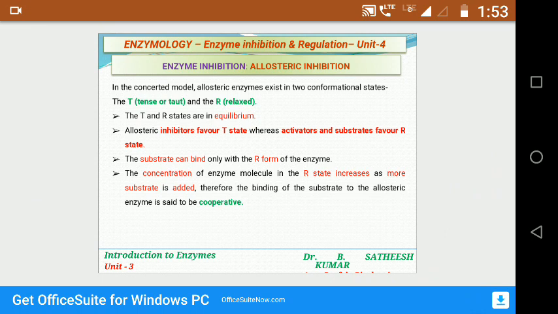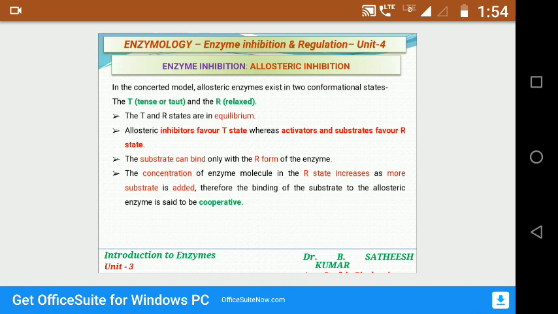So, in the mechanism of allosteric inhibition, we have a model known as the concerted model, which explains that the allosteric enzyme exists in two different conformations. The entire enzyme exists in two forms. The first form is the T form and the second one is the R form. T stands for tense or taut and R stands for relaxed.